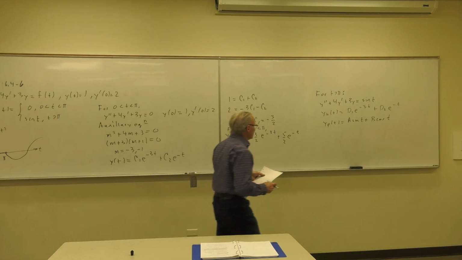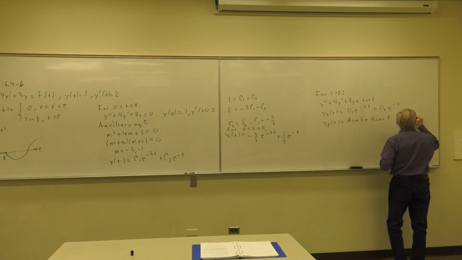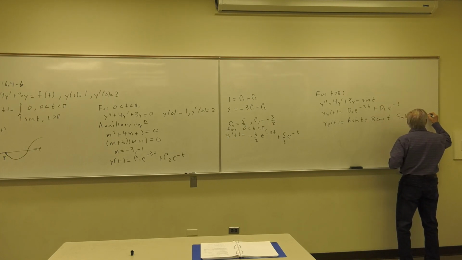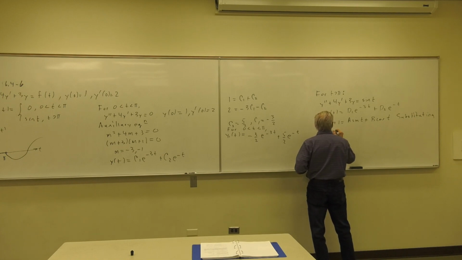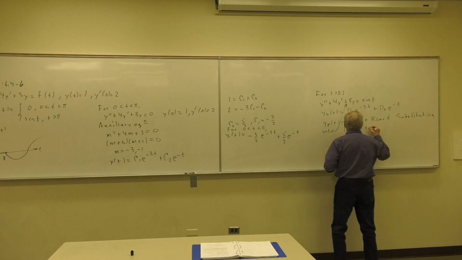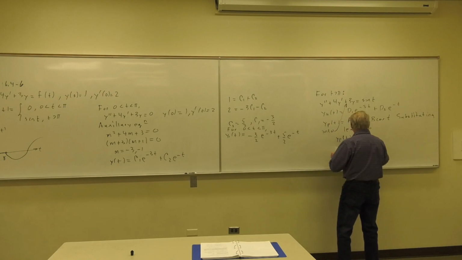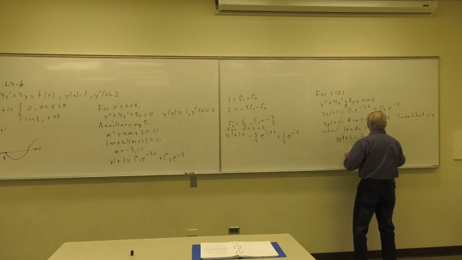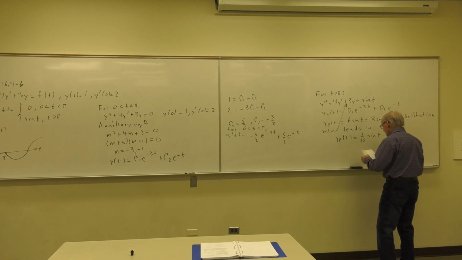So if you do that, substituting into the differential equation leads to y sub p of t is equal to 1 over 10 sine t minus 1 over 5 cosine t.